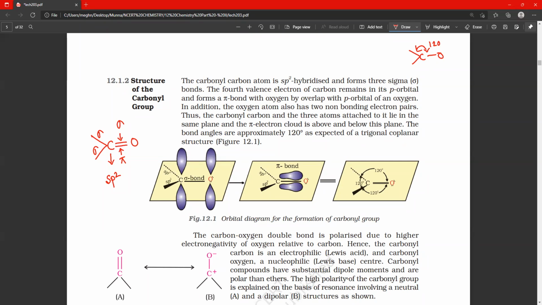Another important thing, children: when I'm talking about the carbonyl group, we are talking about C double bond O. Whenever it is attached with hydrogen, we call it aldehyde. If both parts are attached with carbon, it is a ketone. If one is attached with carbon and one with OH, then it is called carboxylic acid. In all the cases the structures are the same.